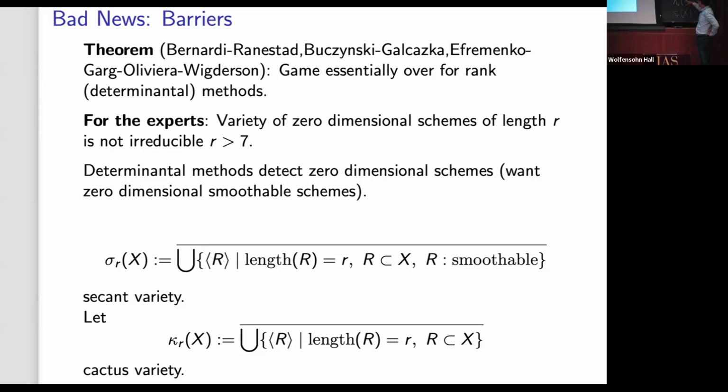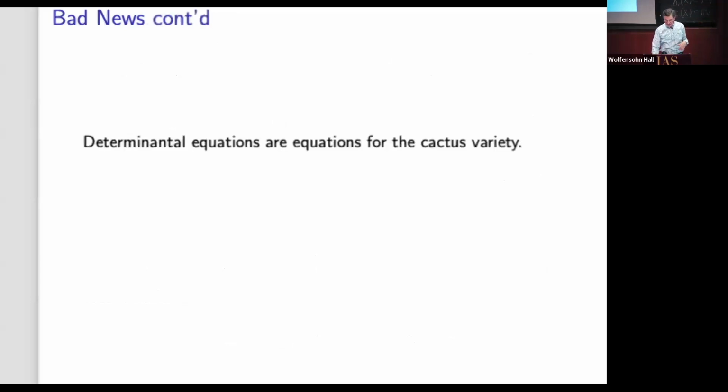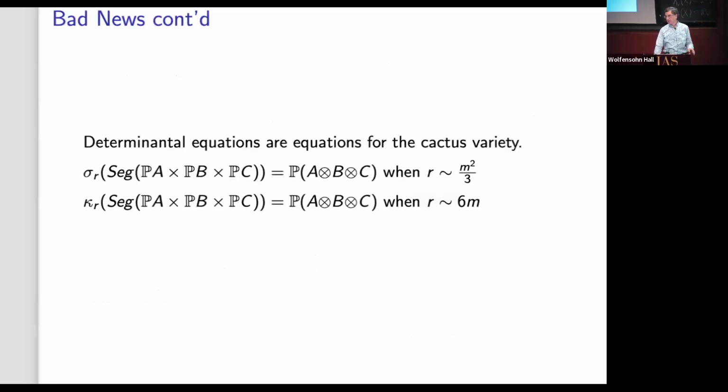Here, we don't just take R distinct points. We allow ourselves zero-dimensional subschemes of our original variety and then take a point in its span. And so we're still in the same ambient projective space. And both of these, as you increase R, eventually fill out your ambient space, but the cactus one fills out much faster than the secant, which is why we're out of luck. And so it's this problem of uninvited guests.